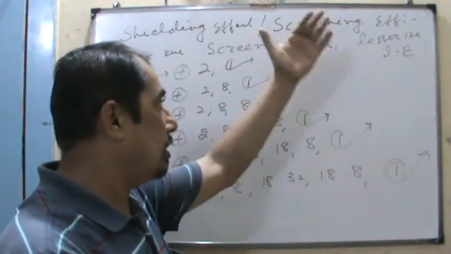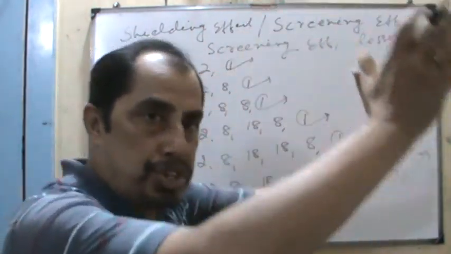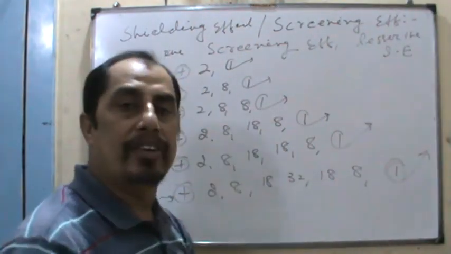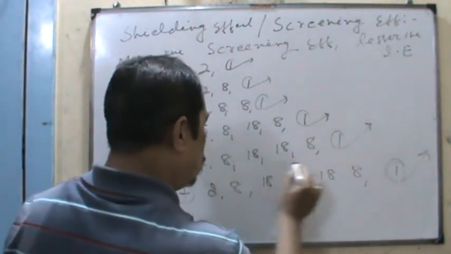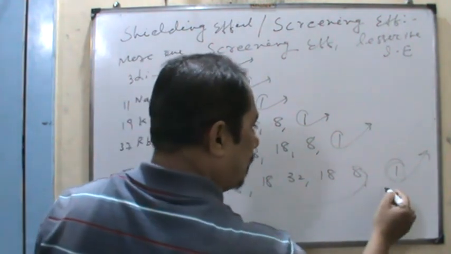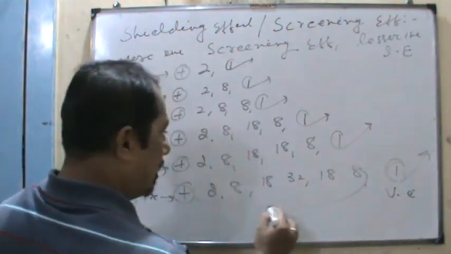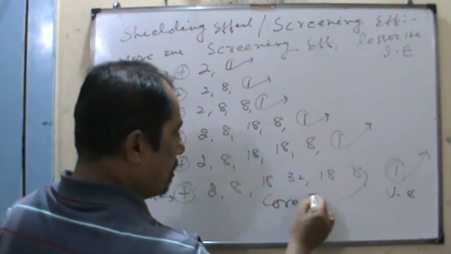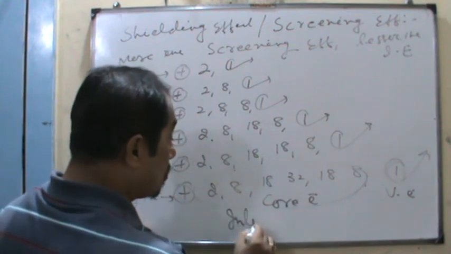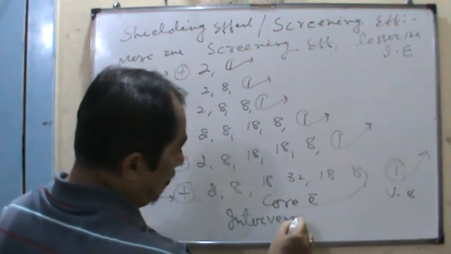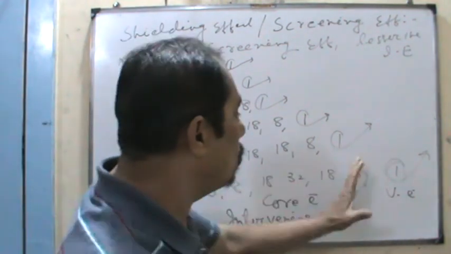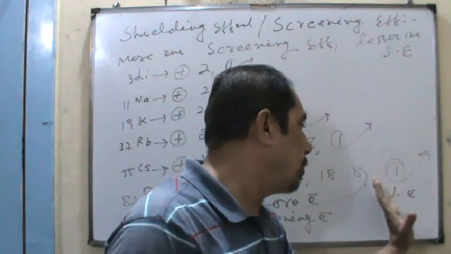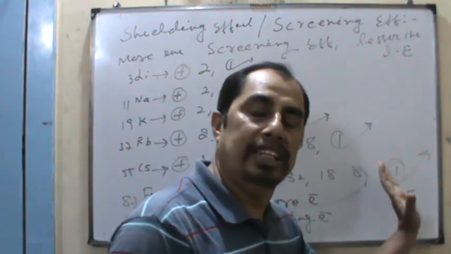Therefore, the more the screening effect, the more the shielding effect, the lesser the ionization energy, and vice versa. Whatever electrons are present except the valence electron are called core electrons. This is known as intervening electron. Therefore, these electrons protect the electron in the outermost orbit from the nucleus.